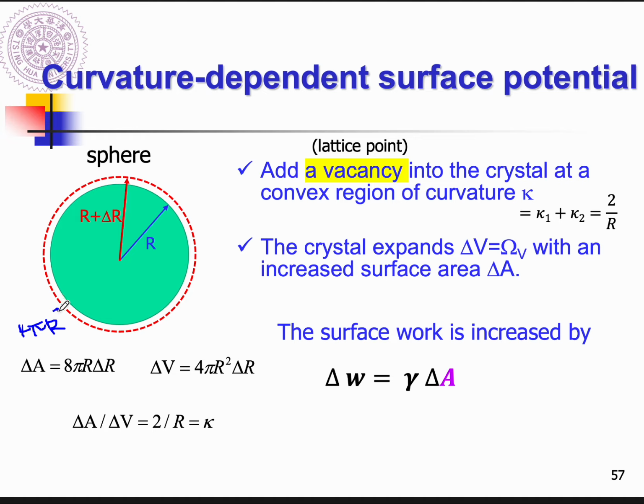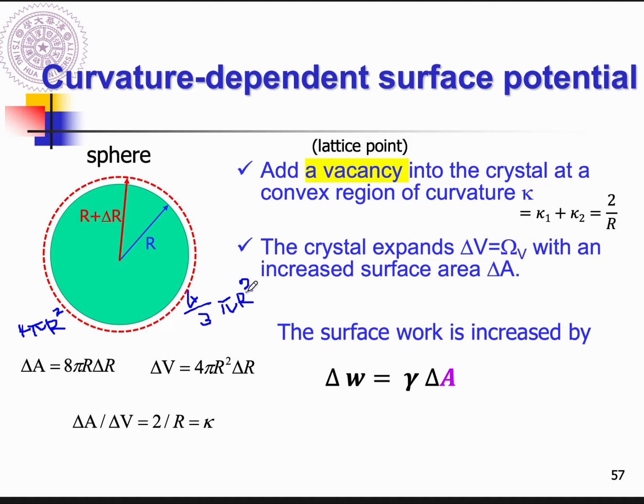So if you take the partial with respect to r, you take the first derivative with respect to r, and you get 8 pi r dr. And V actually is 4 divided by 3 pi r cubed.